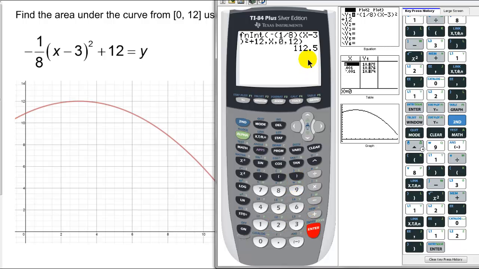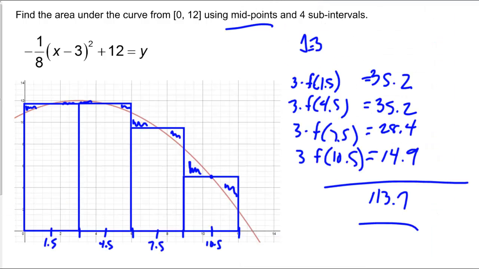We get about 112.5. We just approximated using the midpoint and got 113.7. It's a pretty close approximation using only 4 rectangles and a delta of 3.